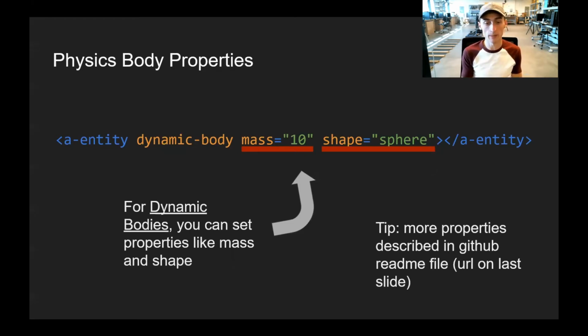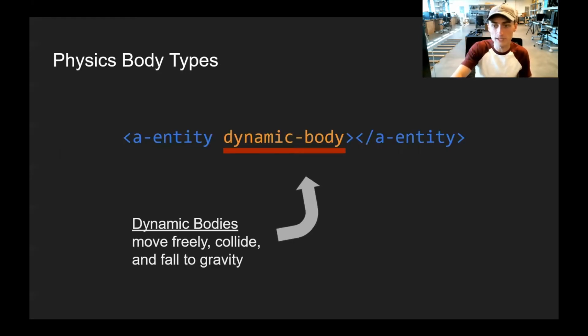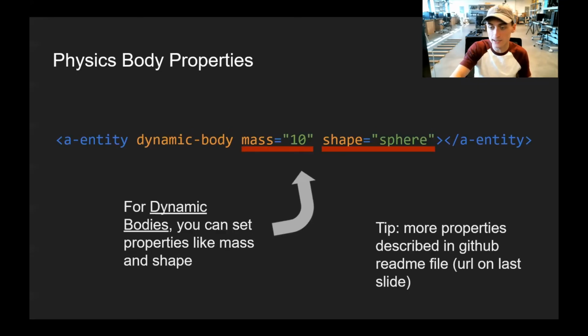So that's a really cool thing about it. And then the other thing too, you can set the shape as well for the collider. You'll notice too that for these examples, I'm leaving it as an entity. But usually what you're going to use is a primitive object like an a-box or an a-sphere. And yeah, so the shape is a sphere, just for the collider.